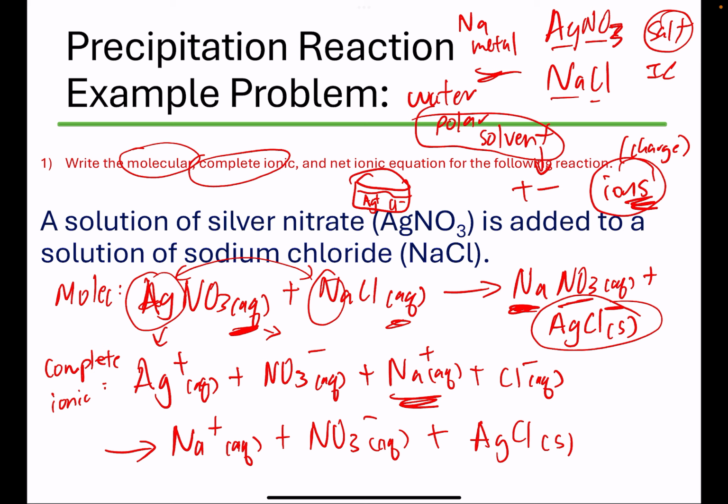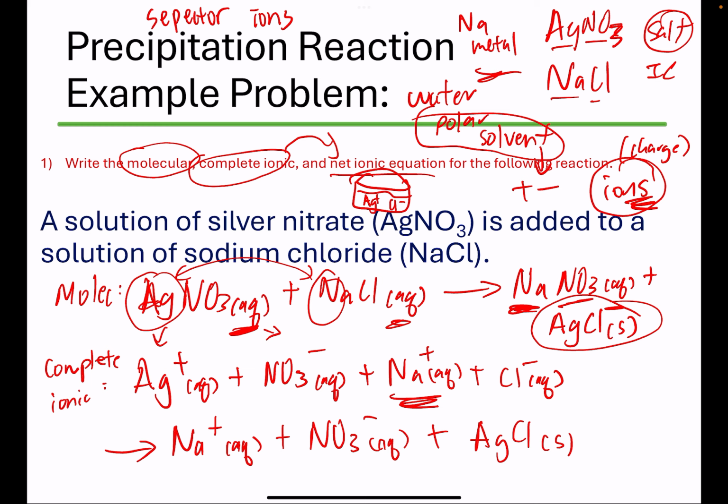For this step, we're going to have to find our net ionic equation, and that's where the spectator ions come in. Spectator ions are the ions that were not involved in the reaction. Most of the ions that we know are completely soluble in water: group 1, nitrate, NO3, and ammonium are going to be spectator ions, along with other things.